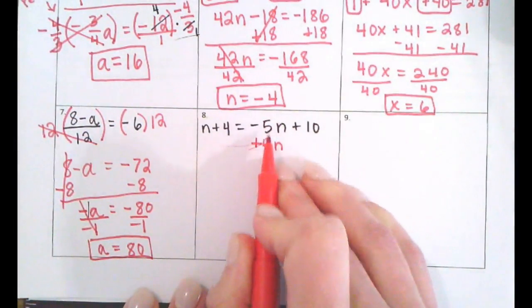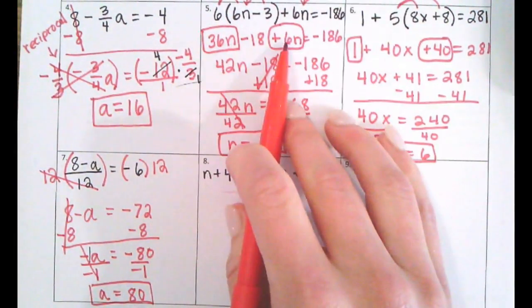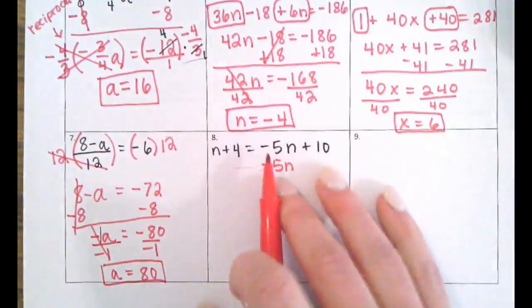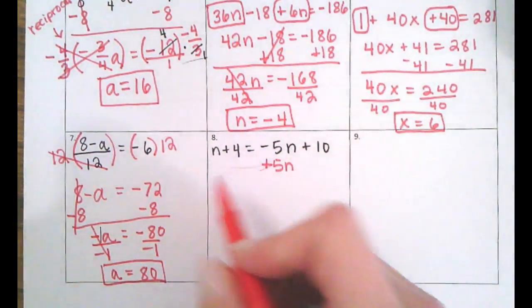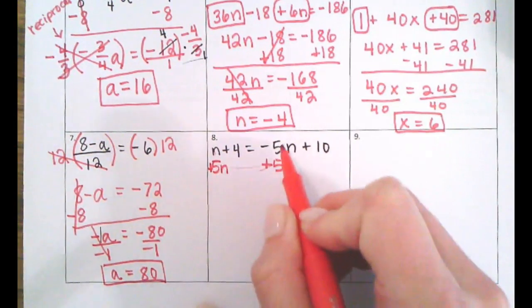The reason I have to do the inverse on this is because it was not like this problem. These were on the same side of the equal sign, and these are on opposite sides of the equal sign. But I am going to add it to the n because those are my like terms.